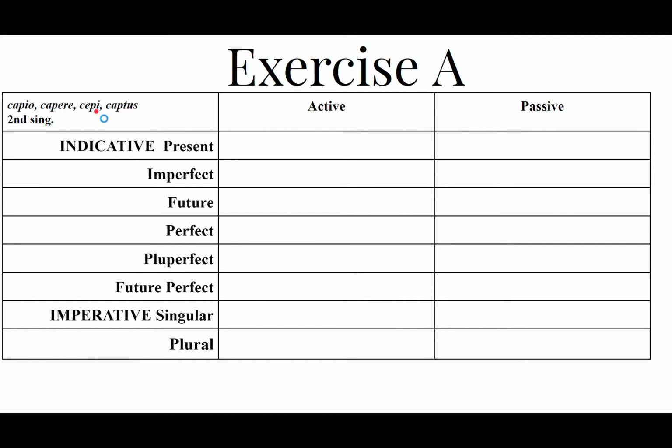You chop off the I from the third principal part to get the perfect stem, and the us off the fourth principal part to get the supine stem, capt. So let's start with the present stem, which goes in the present, imperfect, future, active, and passive. We have the second person singular.